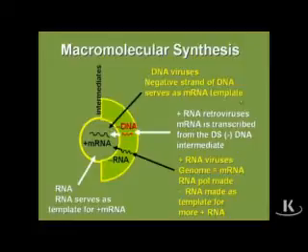Then it can make the template copy of messenger RNA. That messenger RNA is not only used to make protein, but it's used as the template to make more genomic RNA. All right? Now, retroviruses are kind of the oddball here. Retroviruses are essentially positive-stranded RNA, but they certainly don't follow any of the dogmas.